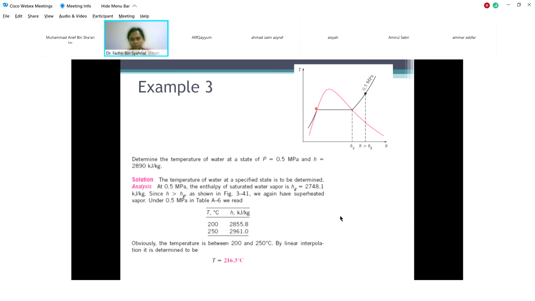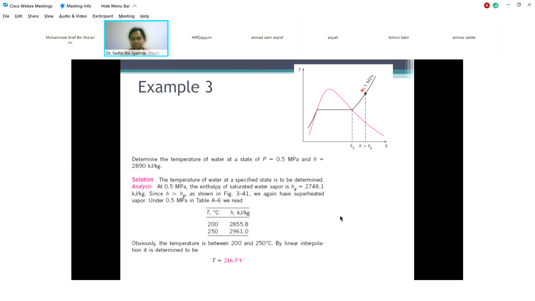They forgot to put it here, but we have to find Hf and Hg at 0.5 megapascal. Once we have both values, Hg and Hf, then we will know the place of 2890.